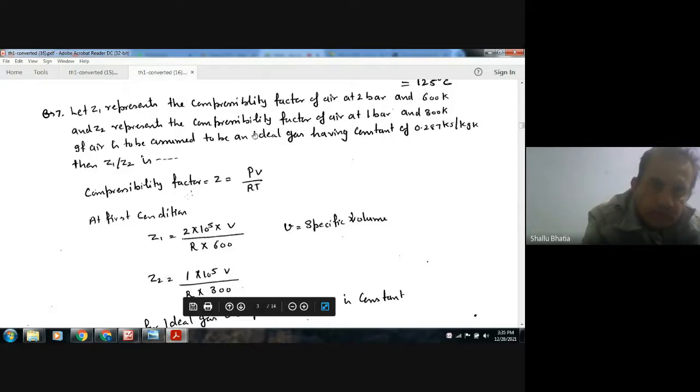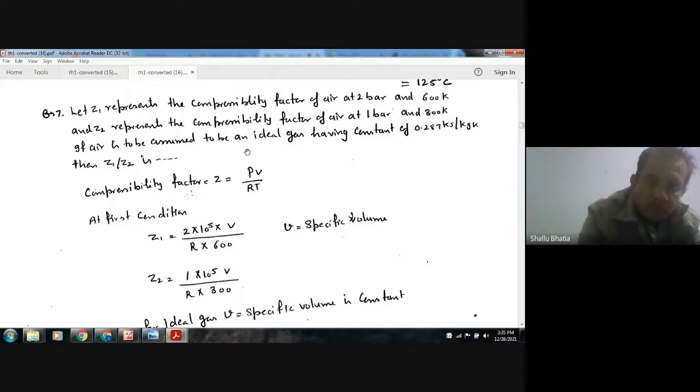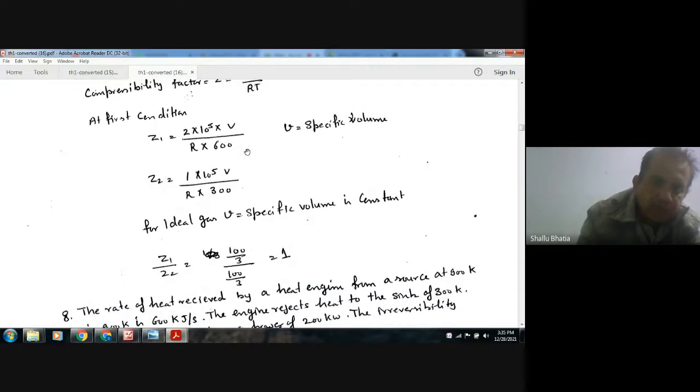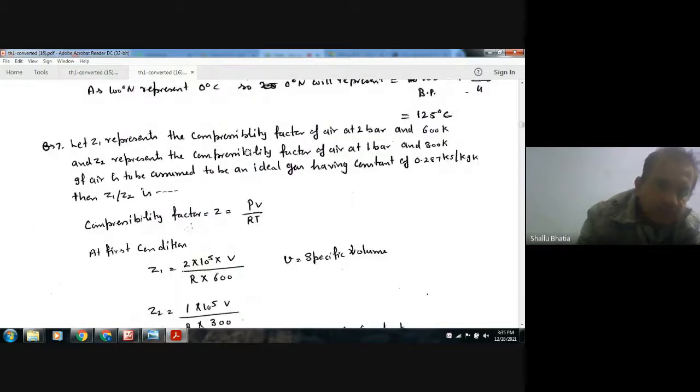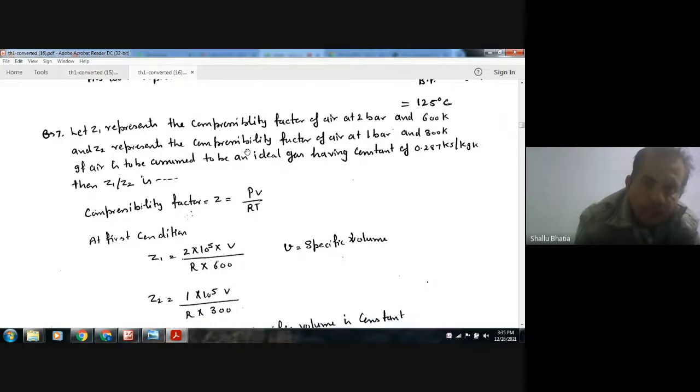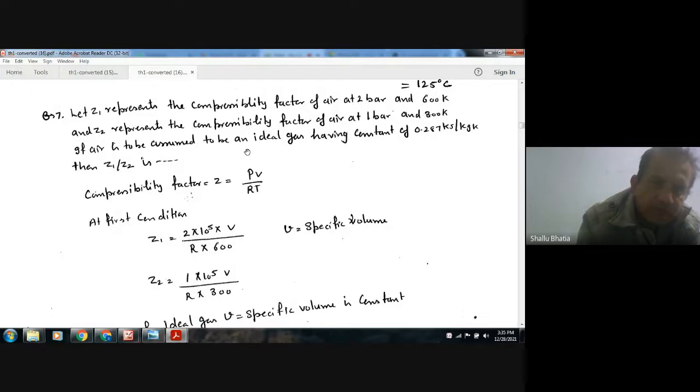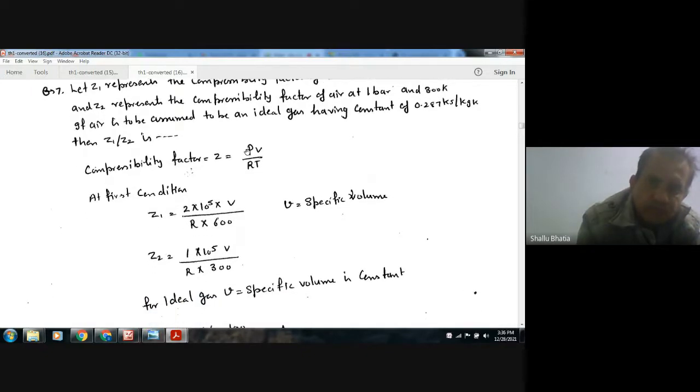So the ratio of compressibility factor Z1 by Z2 is 1. Because both gases are air, the specific volume of air is assumed to be constant.